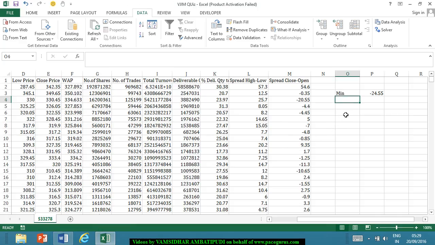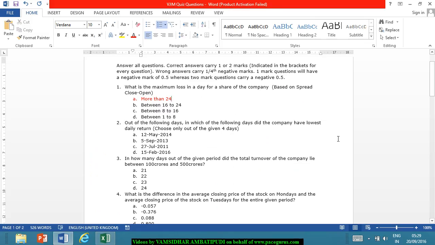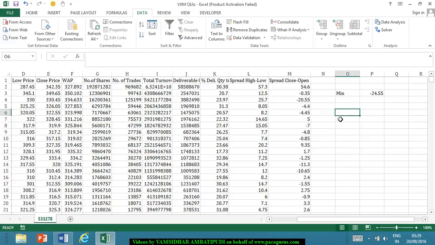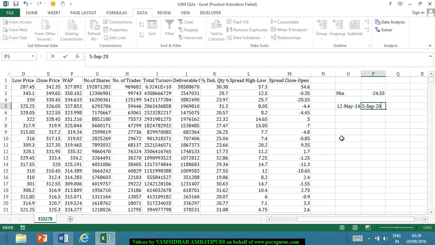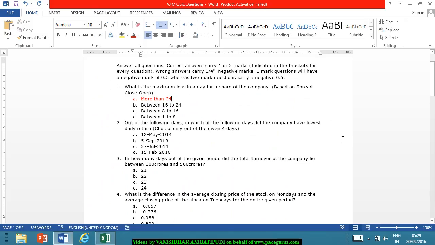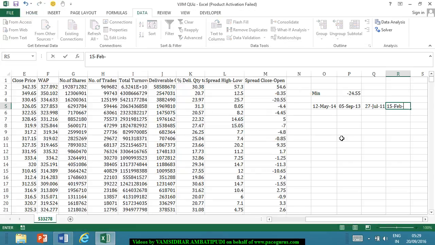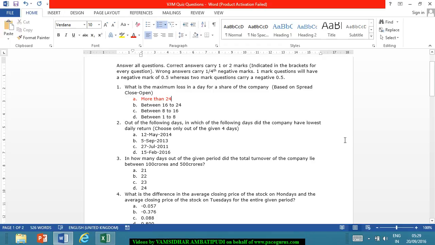I can do the checking for each of the 4 days, or if I want to have a quick way, let me enter the dates: 12th May 2014, 5th September 2013, 27th July 2011, and I can also put 15th February 2016. Now for these 4 days I can find out the lowest daily return.